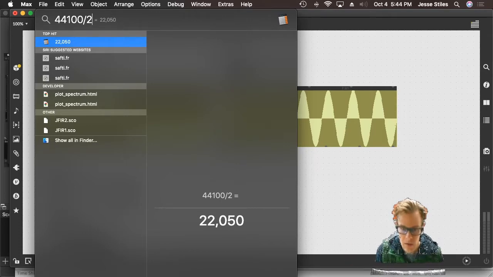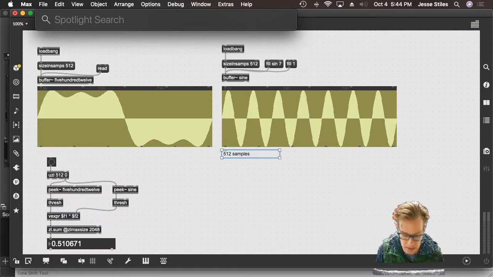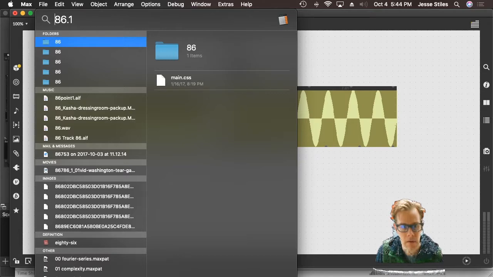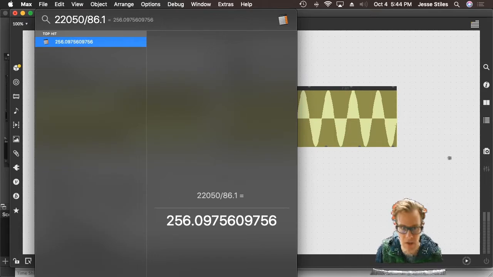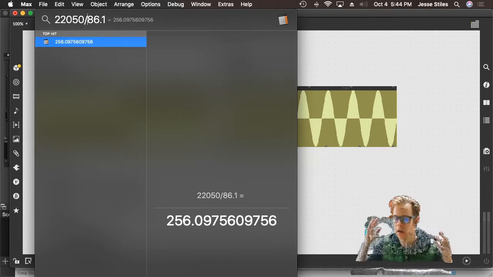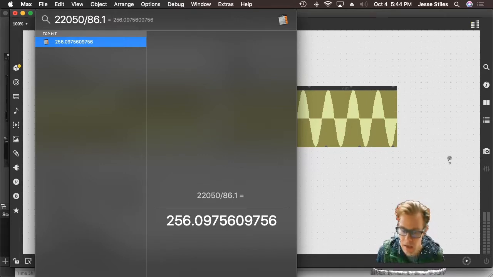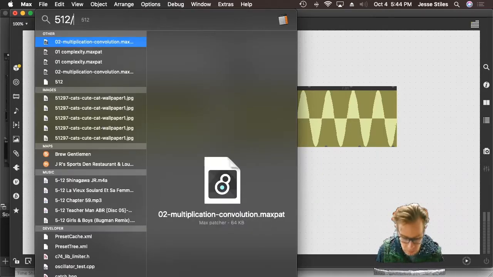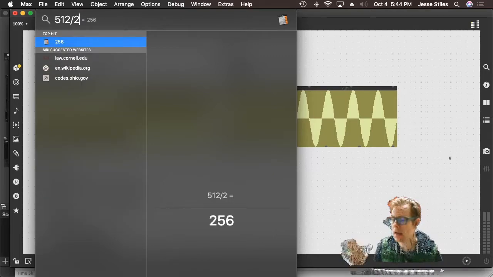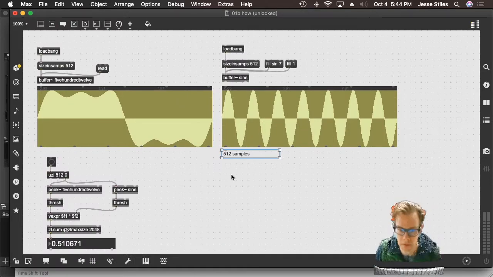So with a base frequency of 86.1, in a system that goes only up to 22,050 cycles per second, the number of frequency bins we can actually represent is 256, and that happens to be 1/2 of the FFT size. So our FFT size was 512. We divide it by 2, and that tells us how many frequency bins we're going to get as a result of the FFT.